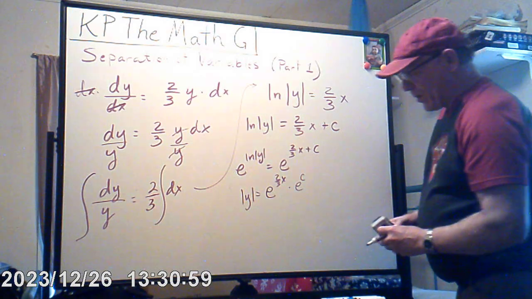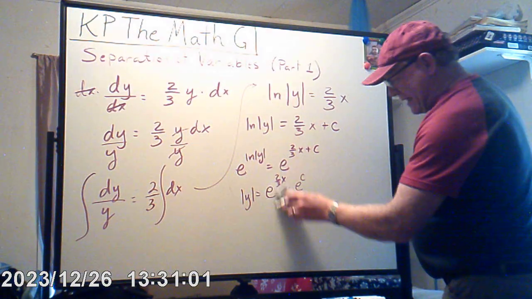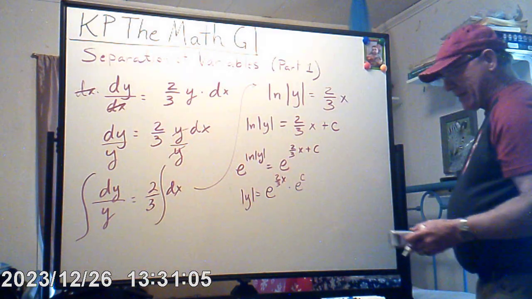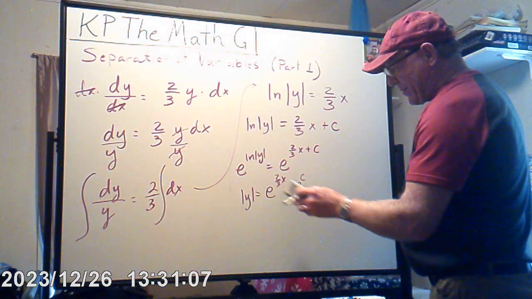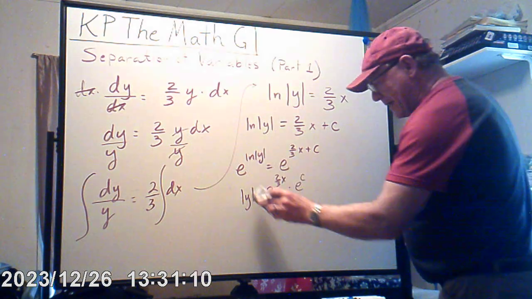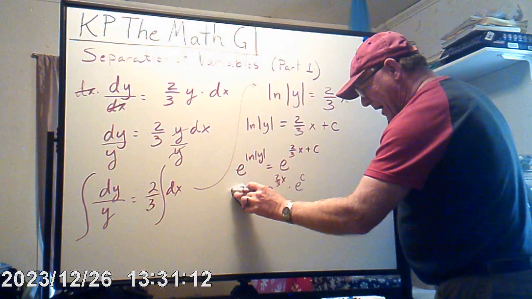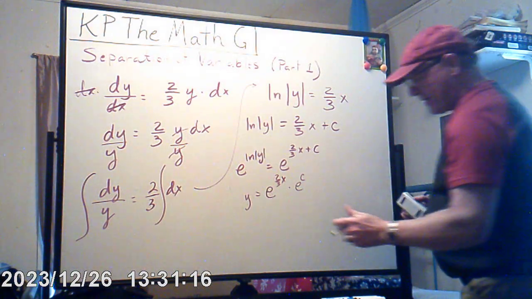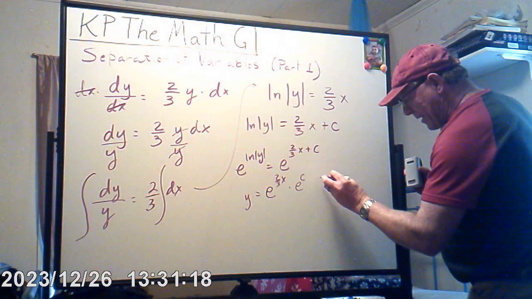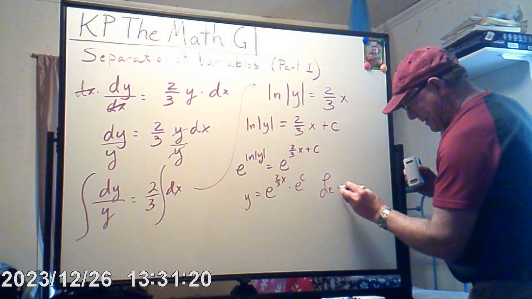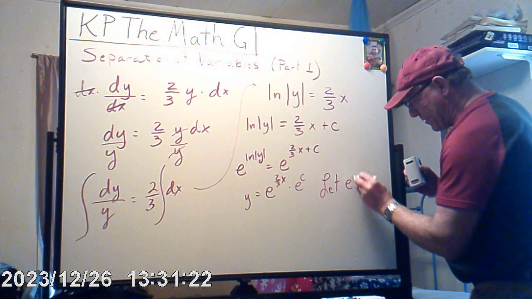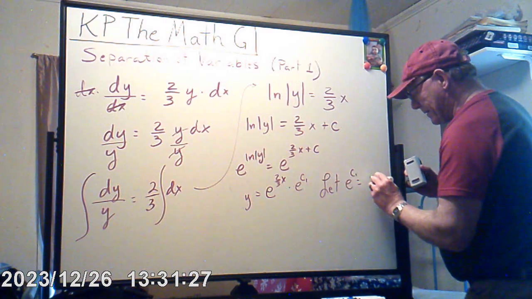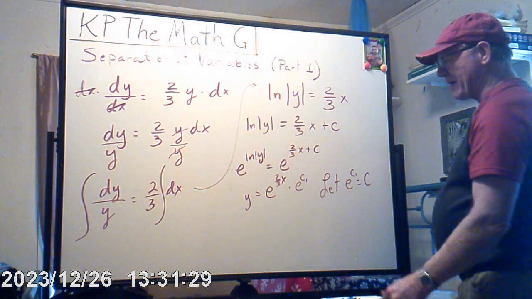Since e is never negative, we don't have to worry about this being negative now if this is all in terms of e, so I can remove the absolute value bars. Now let's do one more. Let e to the c just equal c.